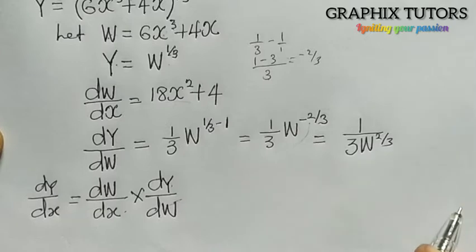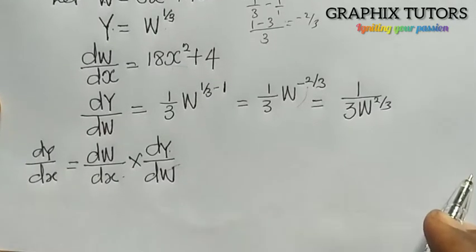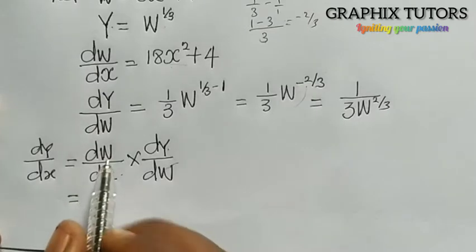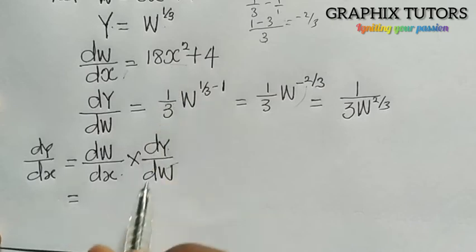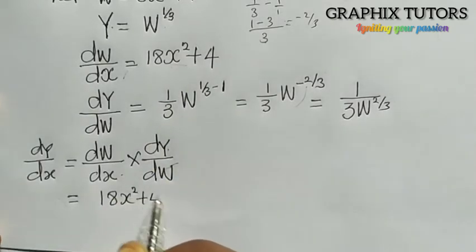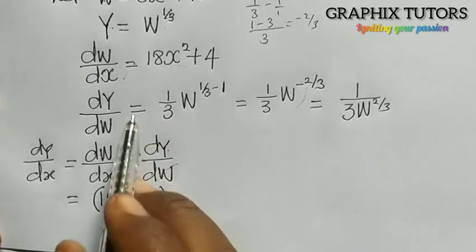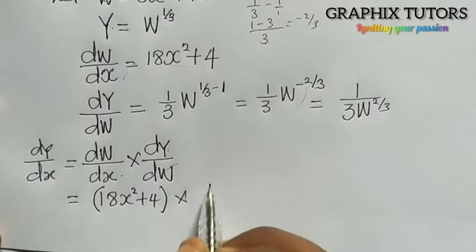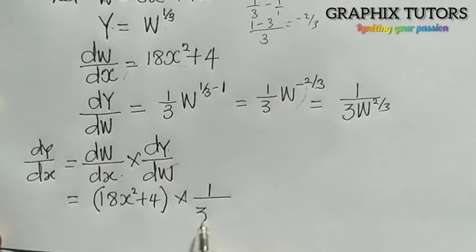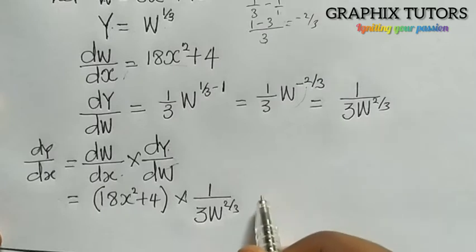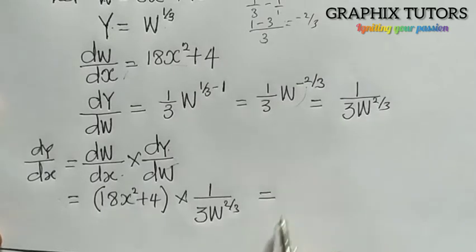So if we move forward, this will now give us this. So what is my dw over dx? My dw over dx here will be 18x squared plus 4, into the bracket, and my dy over dw is times 1 all over 3w to the power 2 over 3. Right?